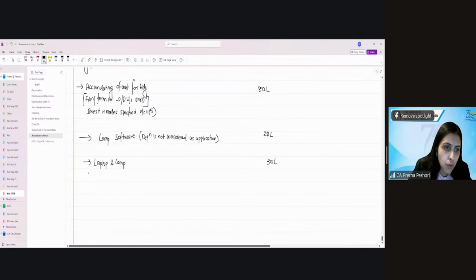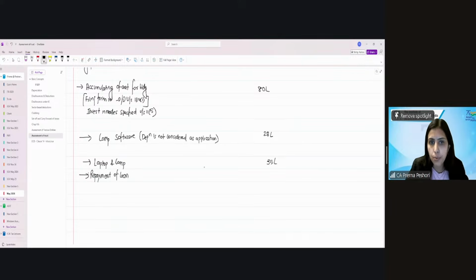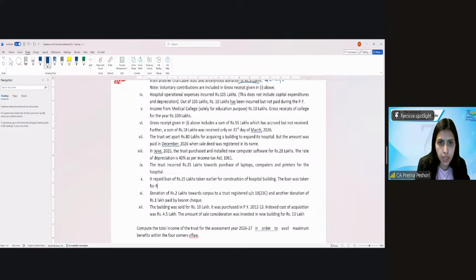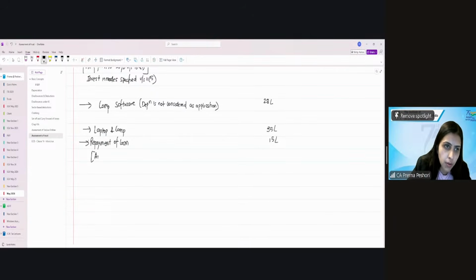So repayment of loan is allowed. But application from the loan is not allowed. Okay. So 15 lakh. If the question provided, let's say the loan was taken for rupees 30 lakh and was used for purchase of building for rupees 30 lakh, then with respect to the application from the loan is not allowed. Okay. Repayment of loan is allowed.